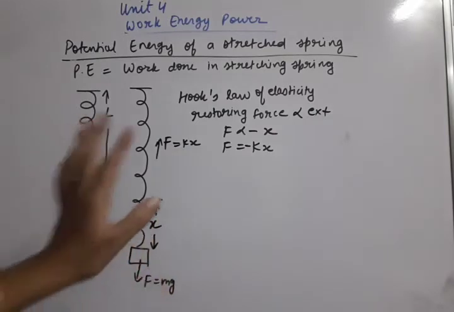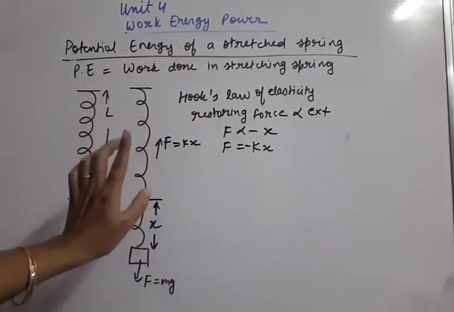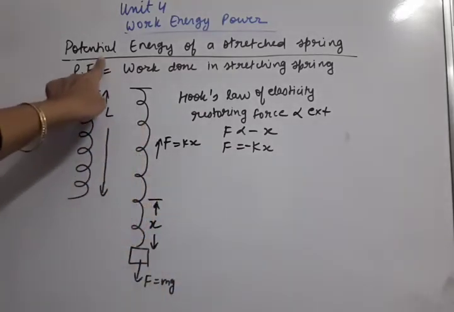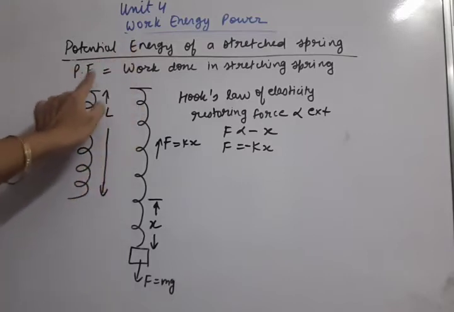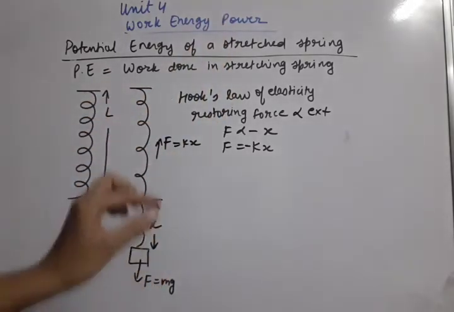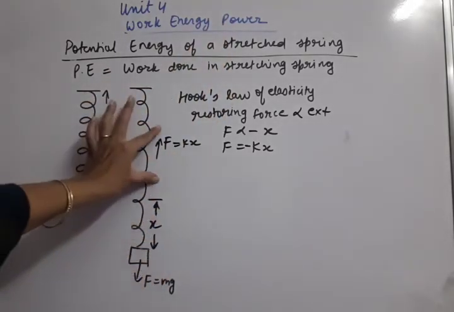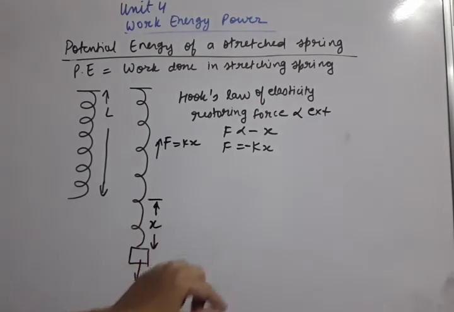Now force has appeared, and we have to calculate the potential energy in the spring. Potential energy is calculated by how much work is done in stretching the spring. After getting this restoring force, we will give the spring a little more displacement, so we will draw the third diagram.